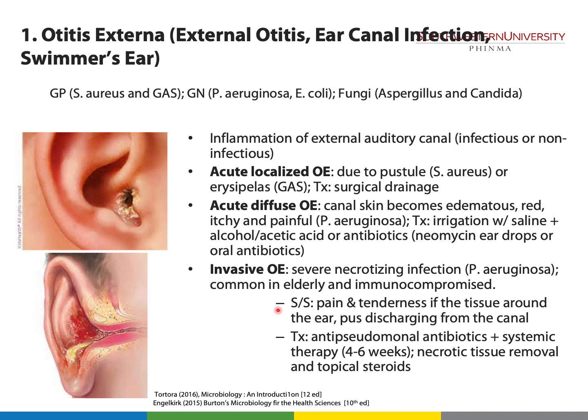Clinical features of invasive otitis externa are pain and tenderness of the tissue around the ear canal, and pus or discharge from the canal. Treatment of choice is anti-pseudomonal antibiotics plus systemic therapy. You will also have necrotic tissue removal and topical steroids if the organisms really invade the deeper tissue.